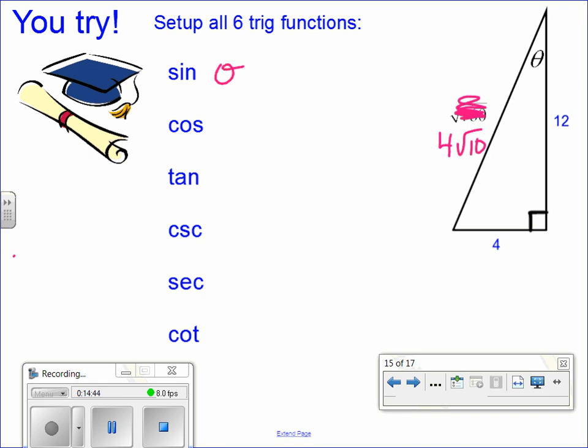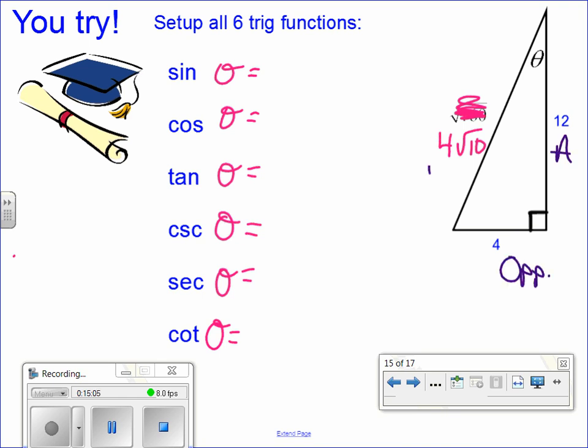All of these would have thetas. For some reason, I didn't type the thetas in. You have to take sine, cosine, and tangent of a theta. And you can see where theta is labeled is in the upper corner of our triangle. What would 12 be? Opposite, adjacent, or hypotenuse? Okay, great. What would 4 be? And then what would this side be? All right, so I'll do the first one with you.